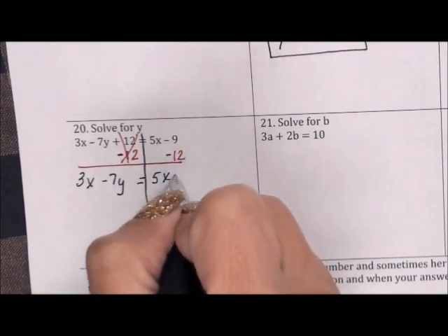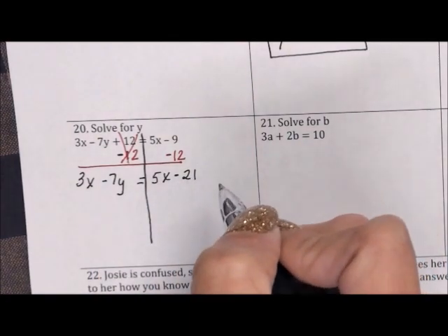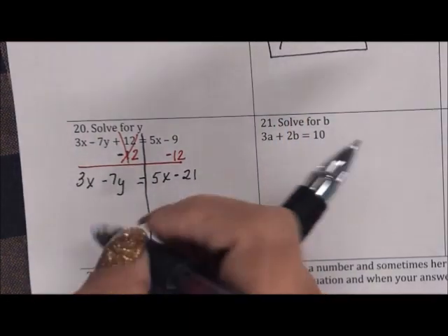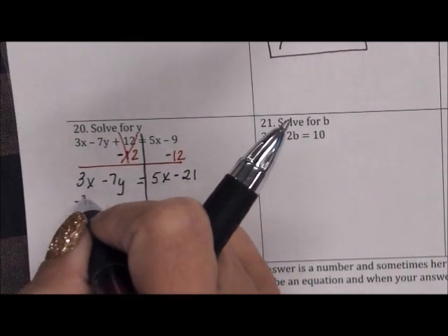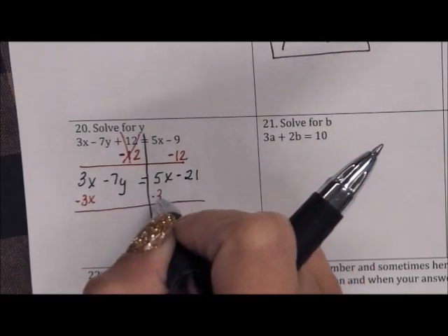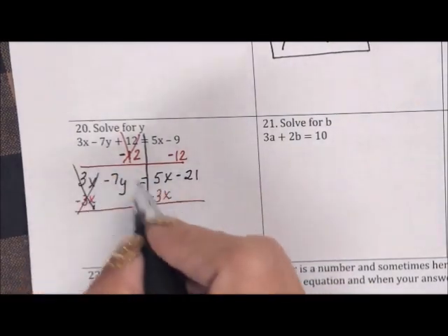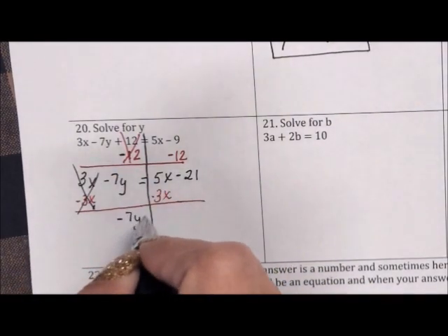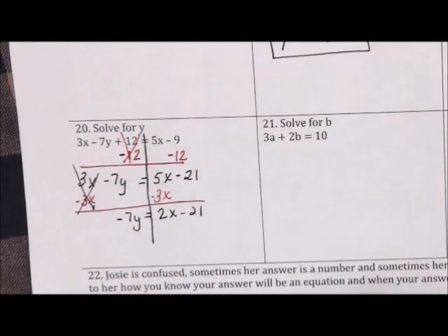Negative 9, negative 12 will be negative 21. On the y side, I have an x. If I subtract 3x from both sides, negative 7y equals 2x minus 21.